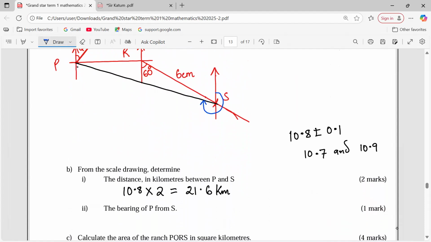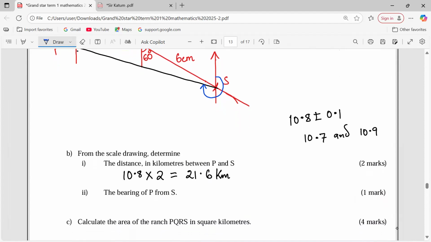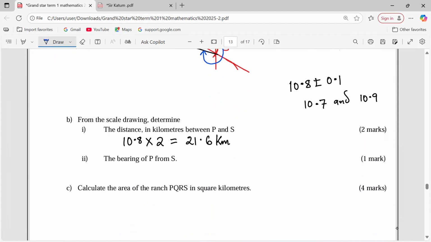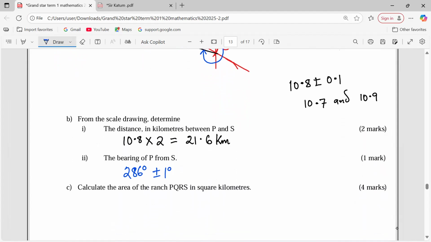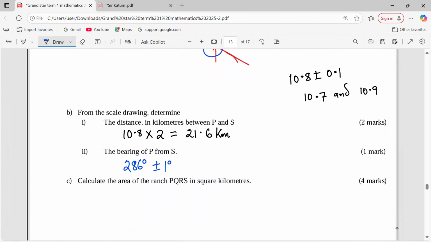The whole of that angle becomes 286 degrees. Remember, there is an allowance of plus or minus a whole degree. So the people who will measure 285 and those who will measure 287 will also be considered to be within the recommended range for a score.